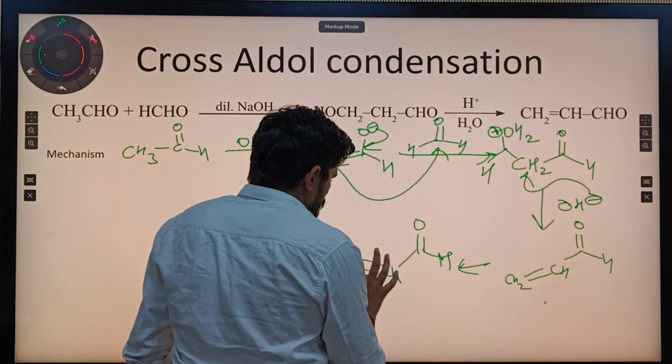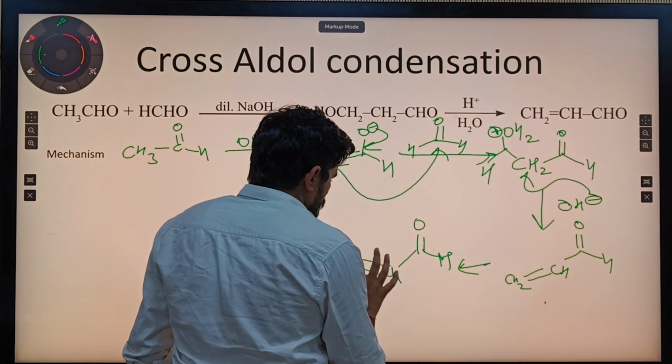So this is alpha, this is beta. This is an alpha, beta unsaturated aldehyde. This is the product. So this is a cross aldol condensation in which two different types of aldehyde are converted into an alpha, beta unsaturated aldehyde in presence of base and H2O as a workup.